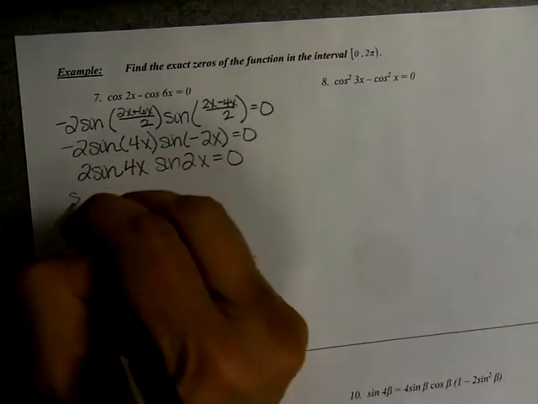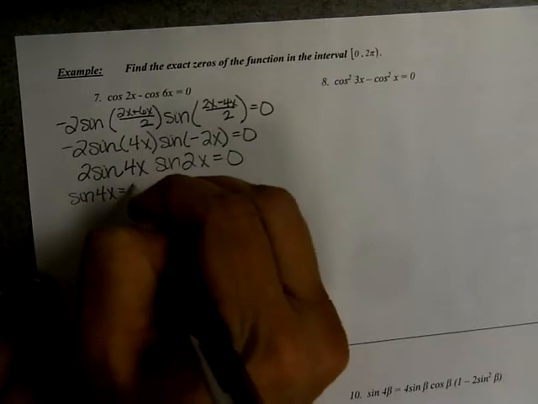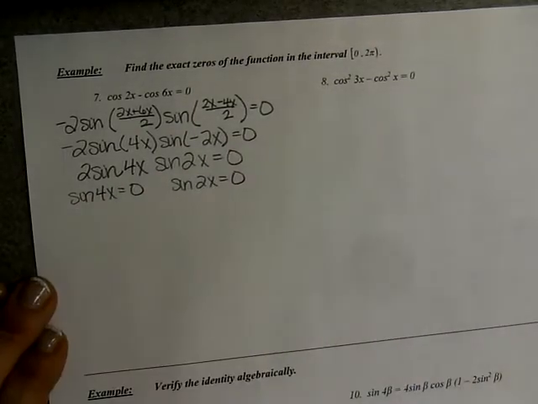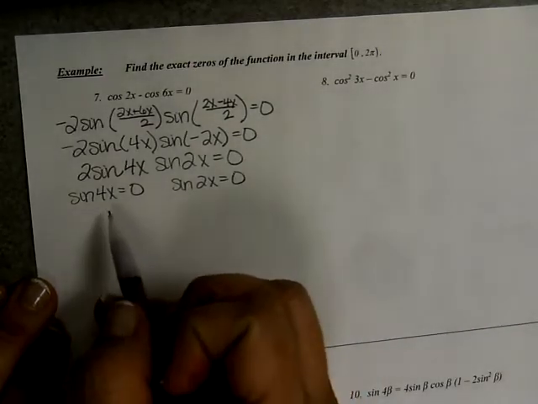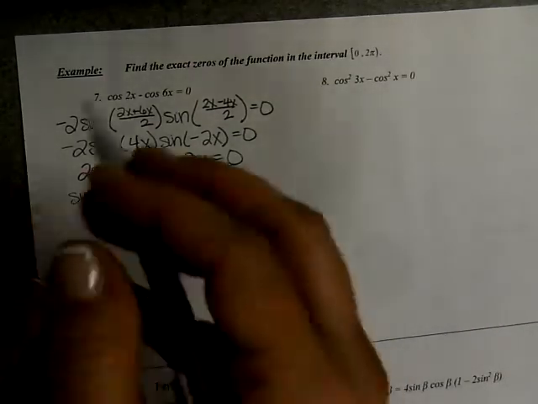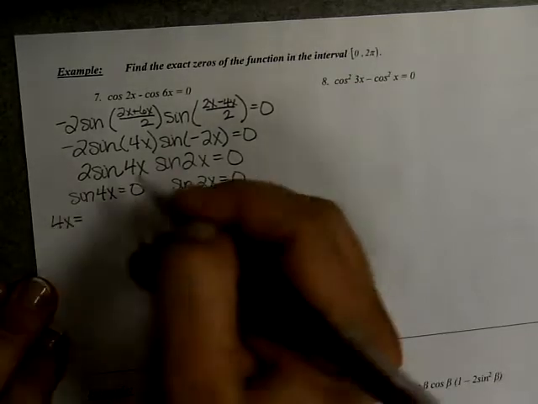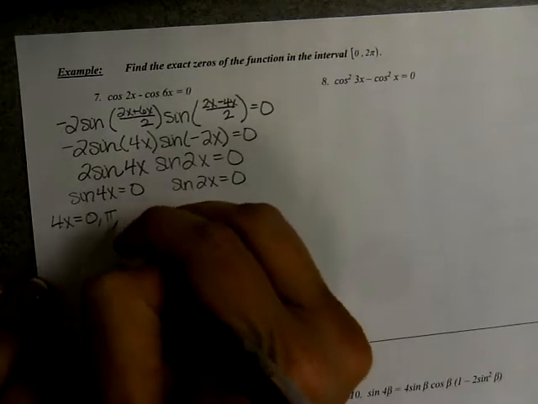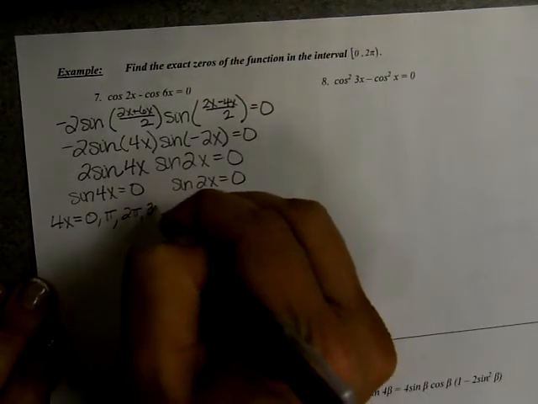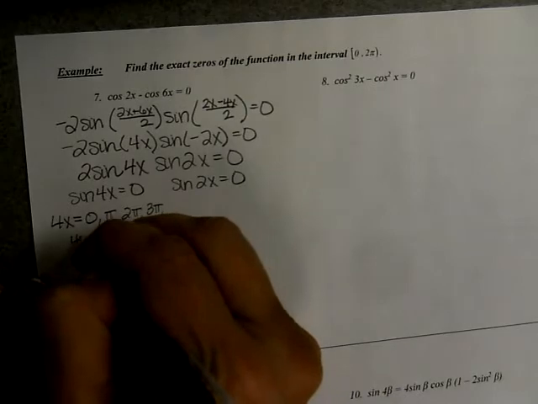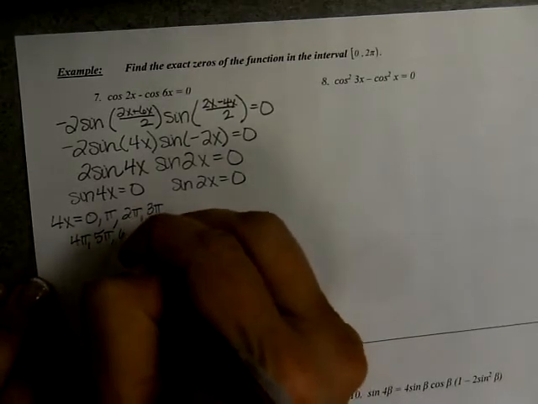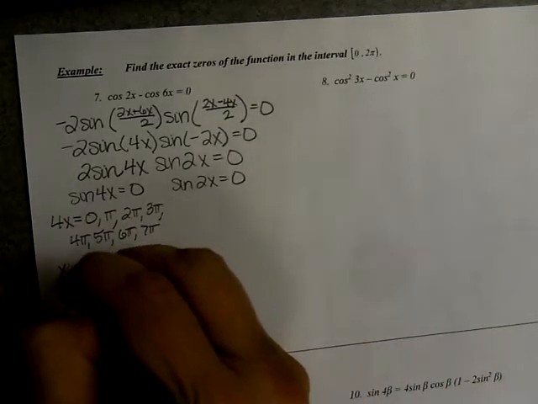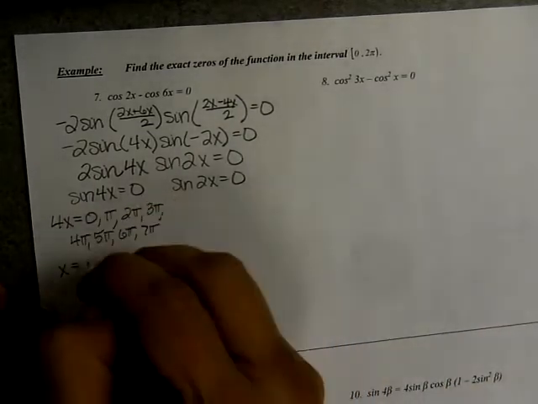And now I can use the zero product property. Essentially I can say, all right, let's have the sine of 4x be 0, and let's have the sine of 2x be 0. And let's think of all the places where the sine could be 0. Because of the 4x, we'll have to go around the circle 4 times. So we have 0 and pi, 2 pi and 3 pi, 4 pi and 5 pi, 6 pi and 7 pi, and then we're going to divide all of those by 4.